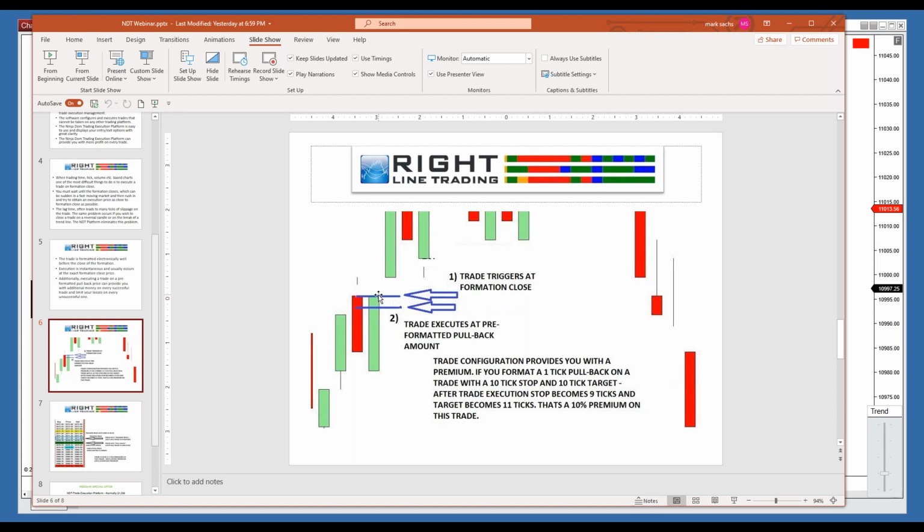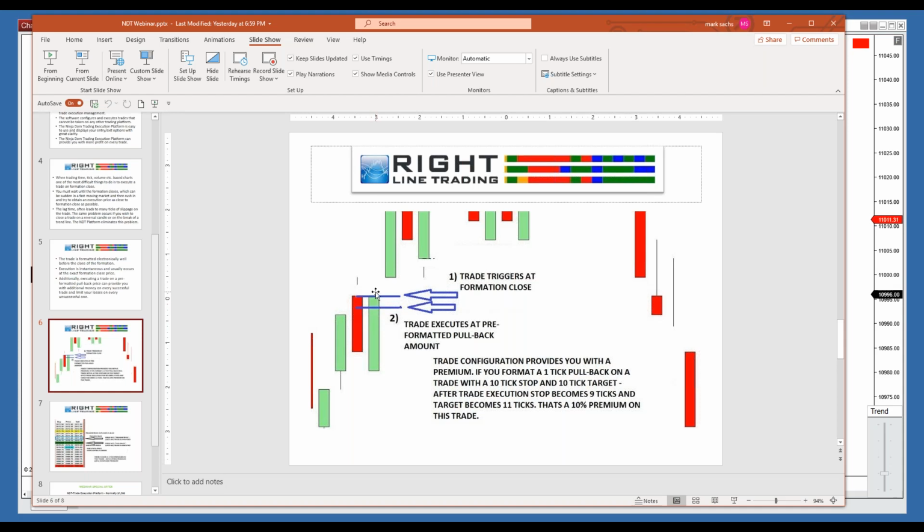what happens is you're going to get a trigger one tick above the close on a long, but it's just a trigger. The entry is going to be on your pullback. If you put in a one tick pullback, it will actually execute the trade on the one tick.